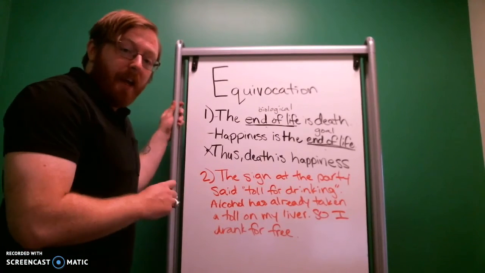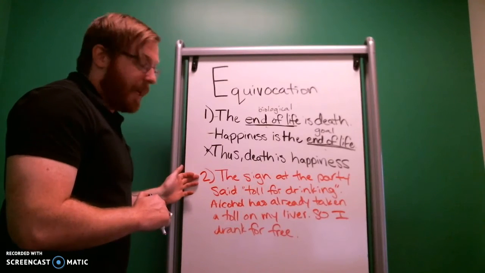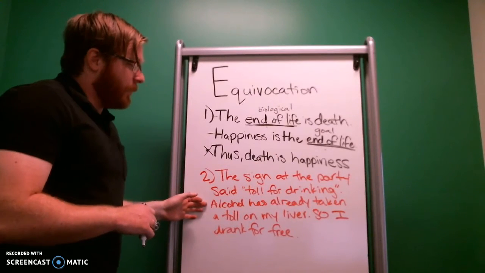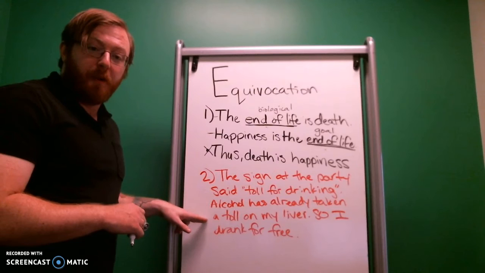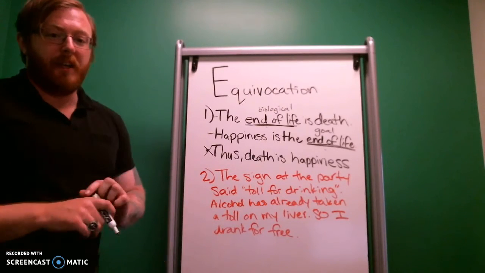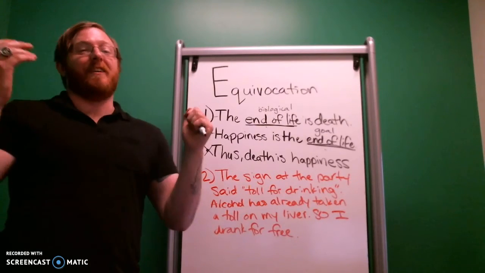Okay, so now let's look at our second example here. So we have the sign at the party said, there's a toll for drinking. Alcohol is already taken a toll on my liver, so I get to drink for free. So imagine walking into a party, you see the sign there, says toll for drinking, and you go, great for me.